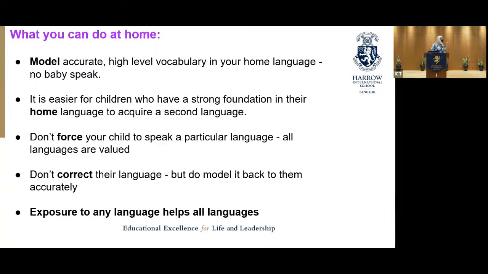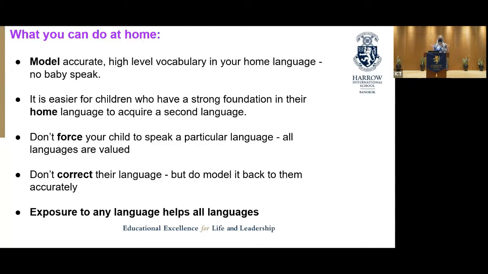When we talk about exposure to language, something to be mindful of again is that whatever we expose them to is what they will learn. So if you're watching lots of YouTube, lots of Peppa Pig, that is the language your children are learning. If that's not what you want them to be learning, then think carefully about what you're exposing them to, to ensure that they are absorbing the correct, proper language.